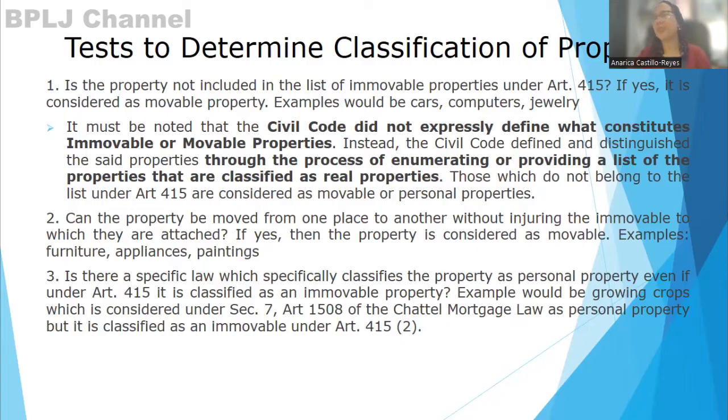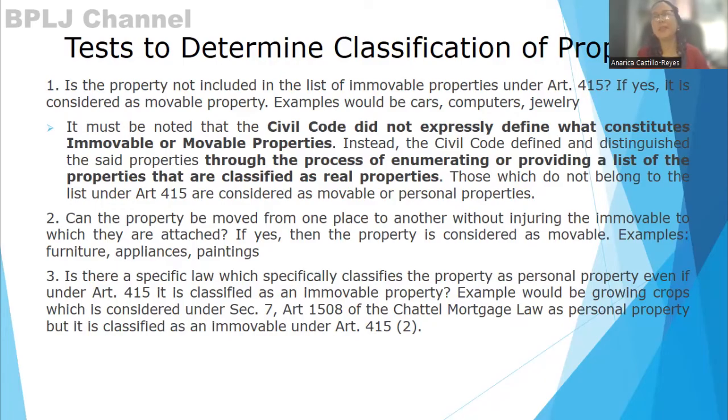Can it be moved from one place to another without injuring the immovable to which they are attached? If it is, then the property is considered as a movable, of course, subject to certain exceptions, such as machineries which are placed by the owner to directly meet the needs of the business or industry, or statues or paintings which are placed by the owner.